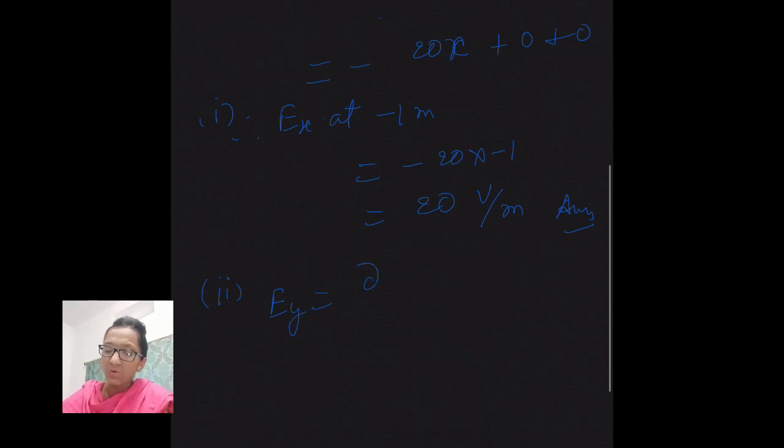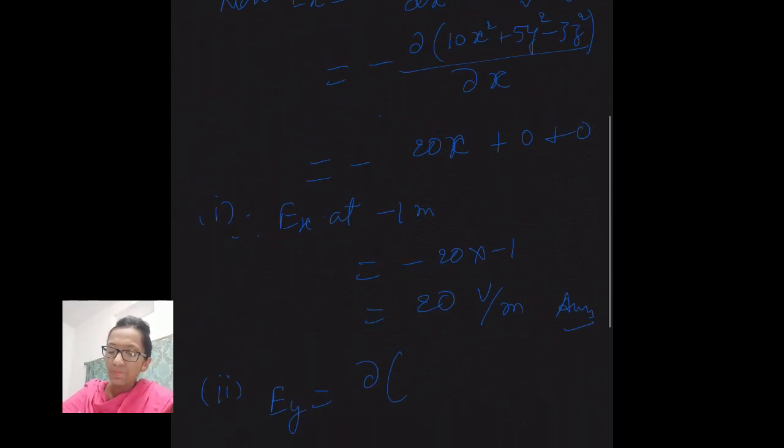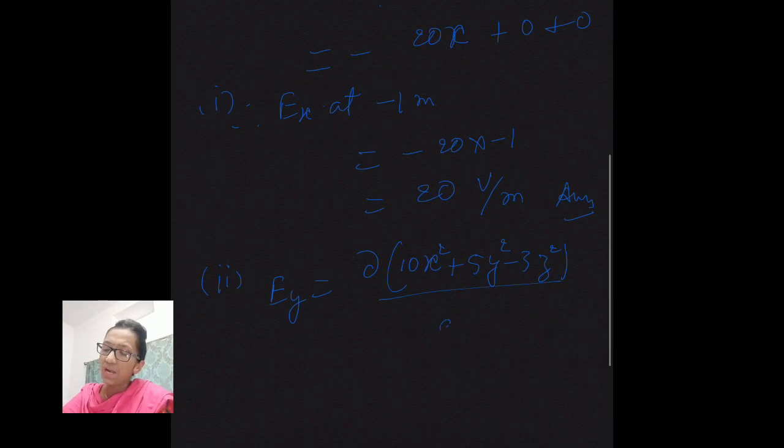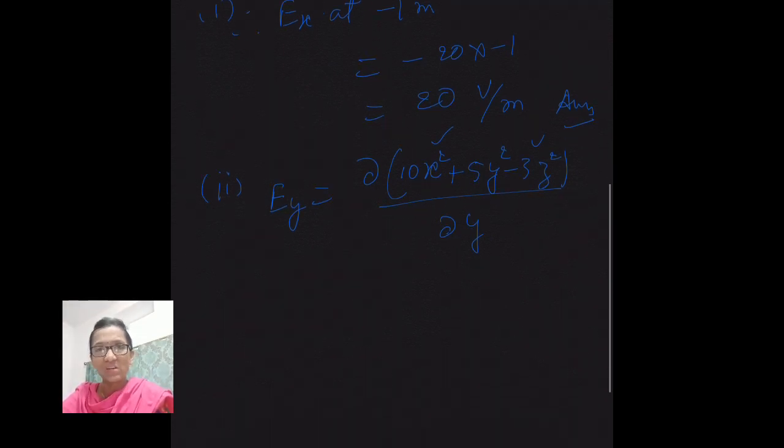Now second question. Ey is equal to minus del of 10x squared plus 5y squared minus 3z squared upon del y. Now this del y means take the other things constant, x terms and z terms, and you will be differentiating only with respect to y.